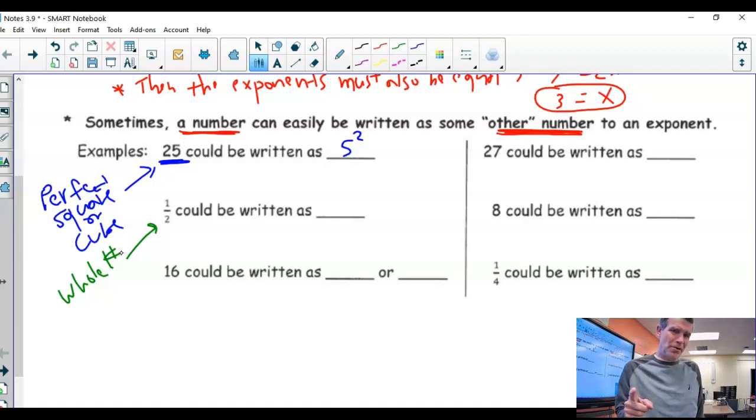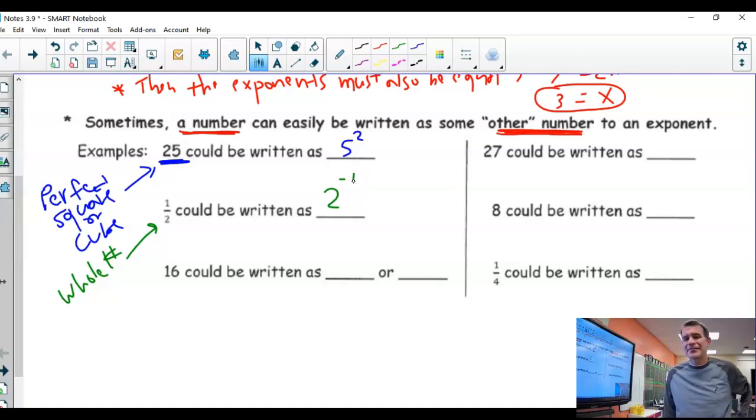And what type of exponents lets me flip it? That's right, a negative exponent. 1/2 would be the same as 2 to the negative first. So I actually did take the 1/2 and write it as a different number, a whole number, which is really nice, to an exponent.